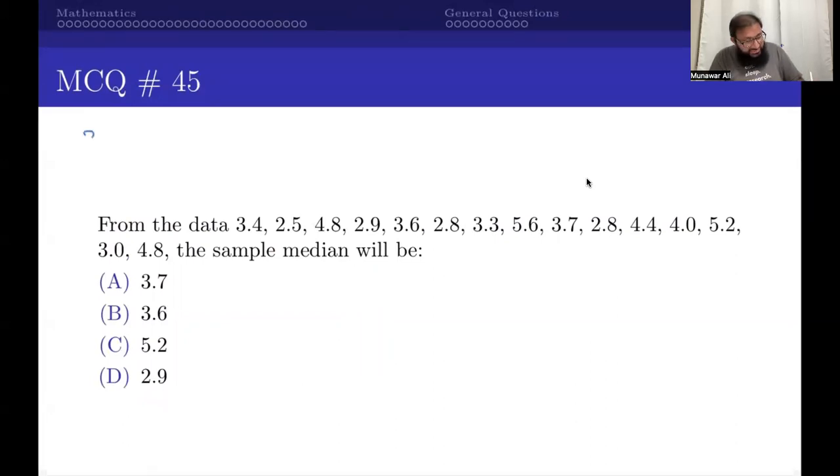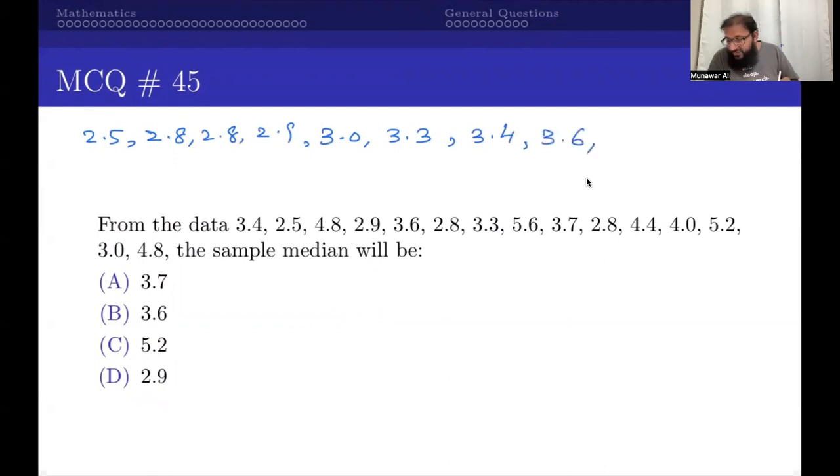ascending order is 2.5, and then 2.8, 2.8, 2.9, 3.0, 3.3, 3.4, 3.6, 3.7, 4.0, 4.4, 4.8, and again 4.8, 5.2, 5.6.